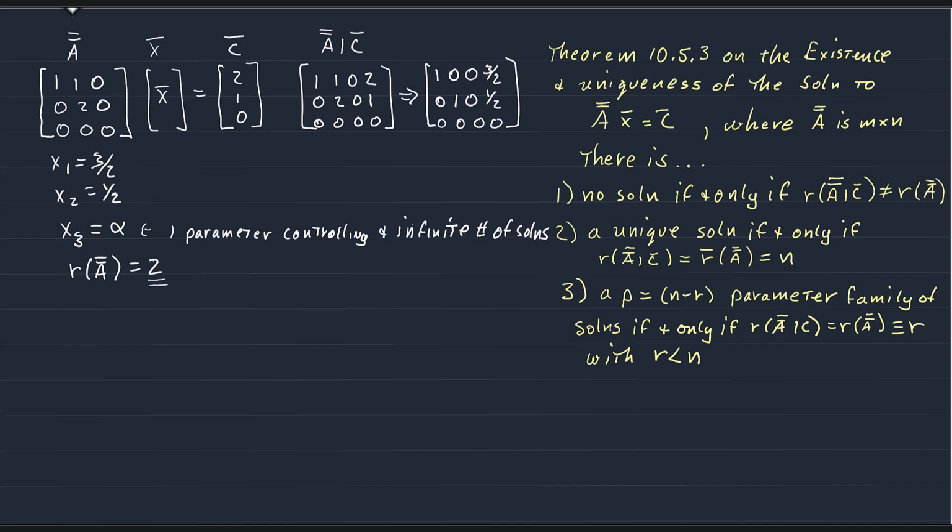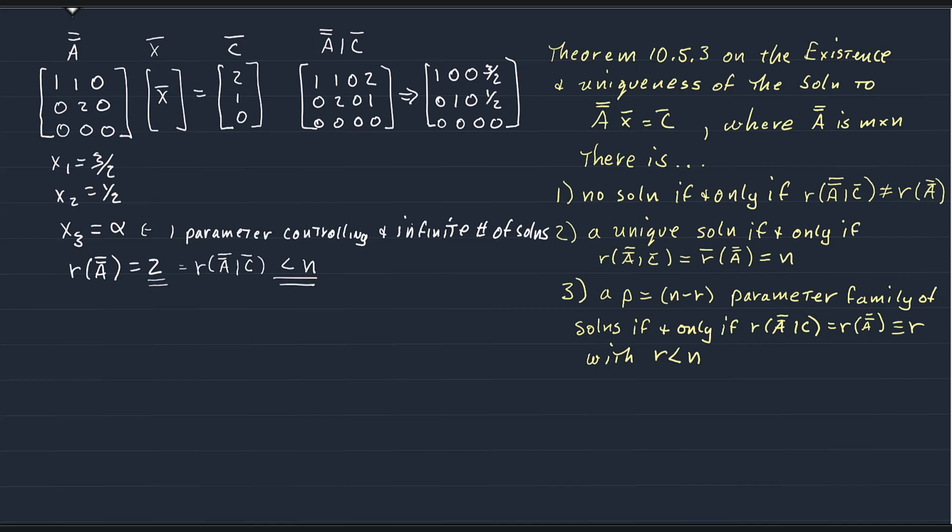And likewise, that's also equal to the rank of the augmented matrix, because again, we have 2 rows in the augmented matrix that are non-zero, and this is less than the number of columns.